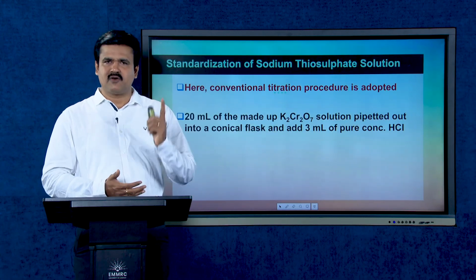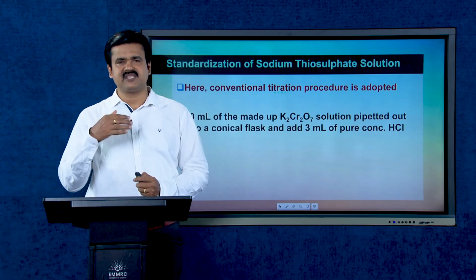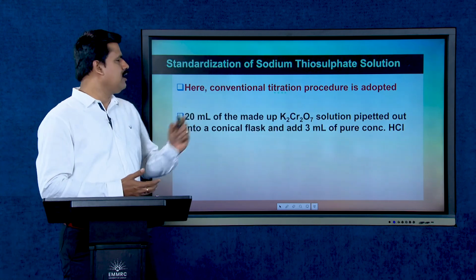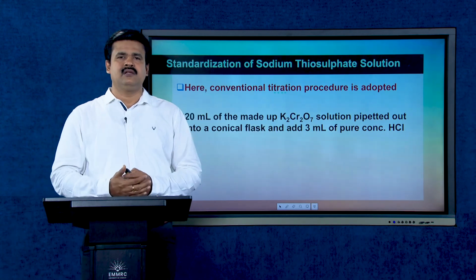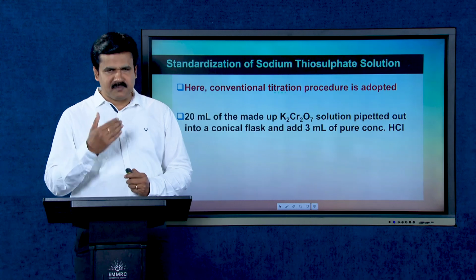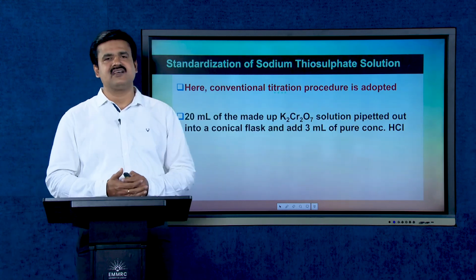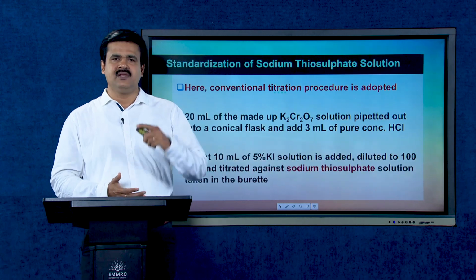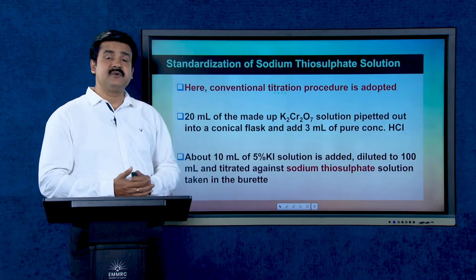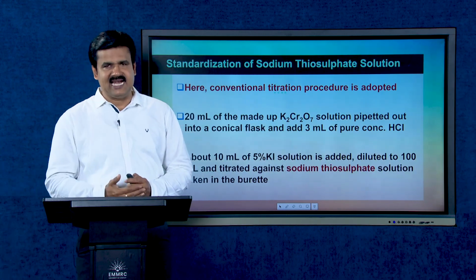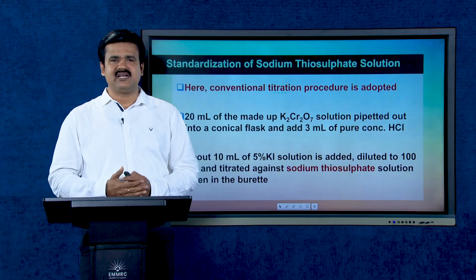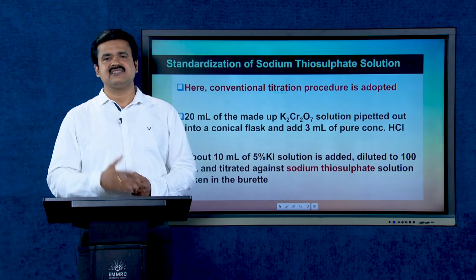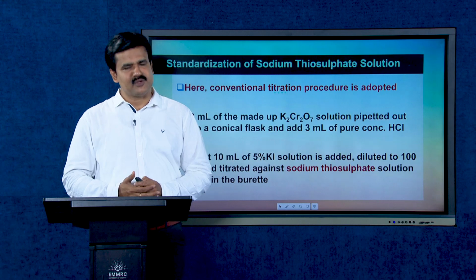For performing the standardization of sodium thiosulfate solution, 20 ml of the made up potassium dichromate solution is pipetted out into a clean conical flask and 3 ml of pure concentrated hydrochloric acid is added. About 10 ml of 5% potassium iodide solution is added. Dilute the solution to 100 ml and titrate against sodium thiosulfate solution taken in the burette.